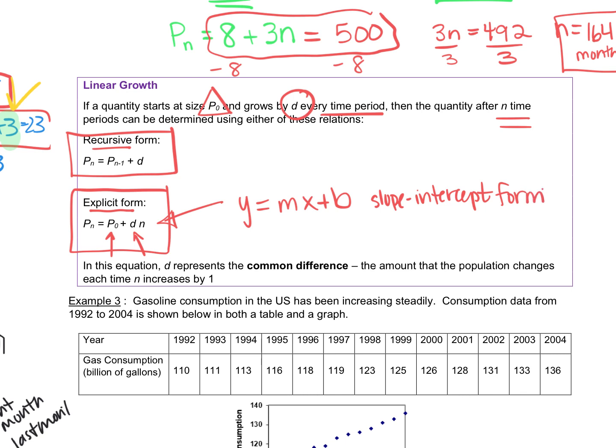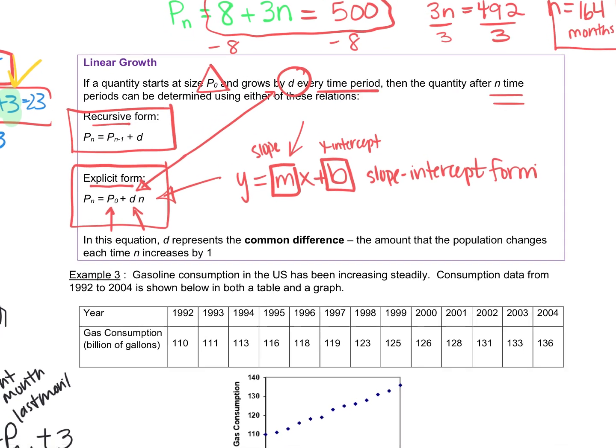And the way that it works is you basically have your start, which is your y-intercept, and then you use the slope, and it talks about your rise over your run, how much you're going up for every little bit that you're running over. If you think about that with our D, it grows by D every time period. So every time you gain a month, you go up 3 comic books for our particular example. What we're really saying there is that 3 was our slope. So I just wanted to remind you of something you maybe have seen before.